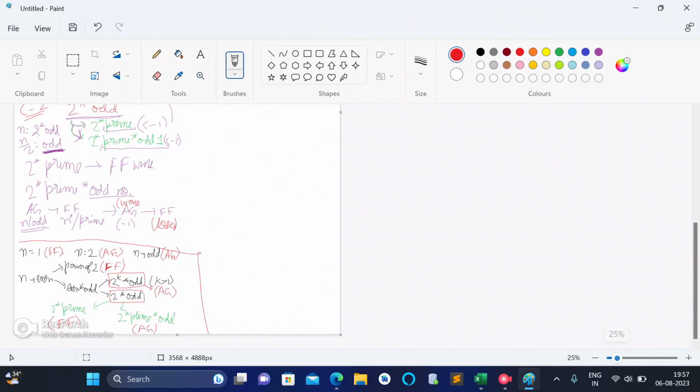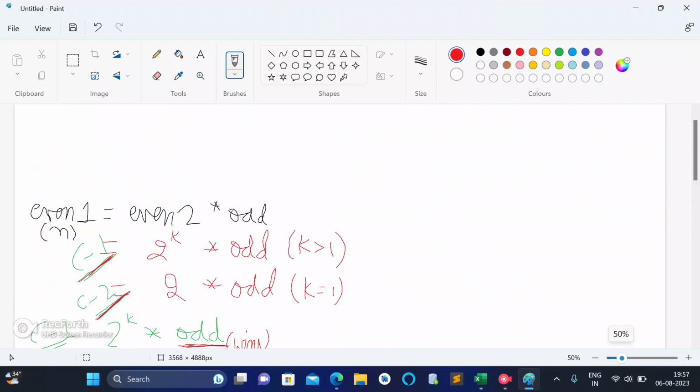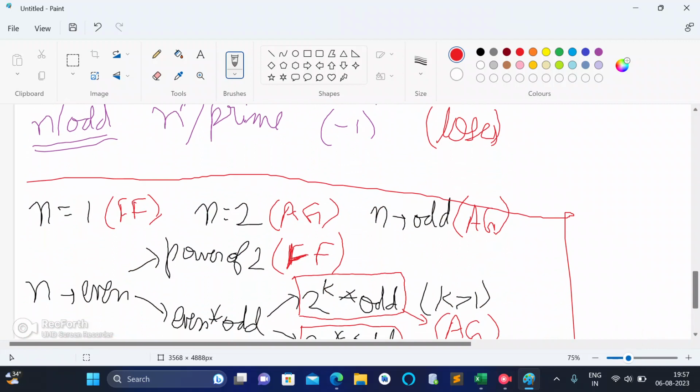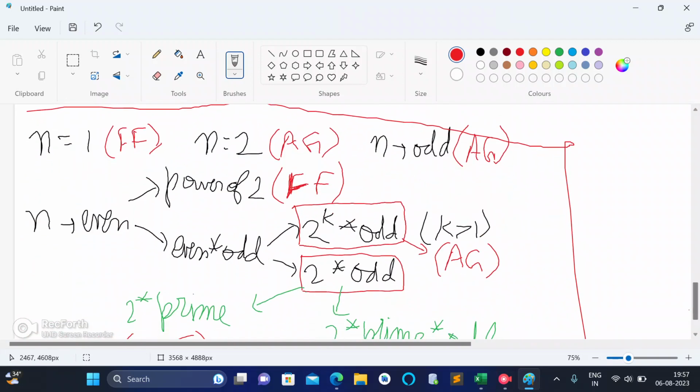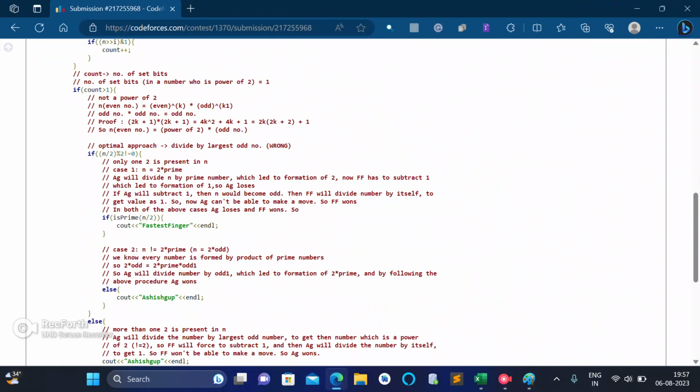Okay, this section is actually the summary. Here you can see this section is actually the summary. From this point, there it is the summary.